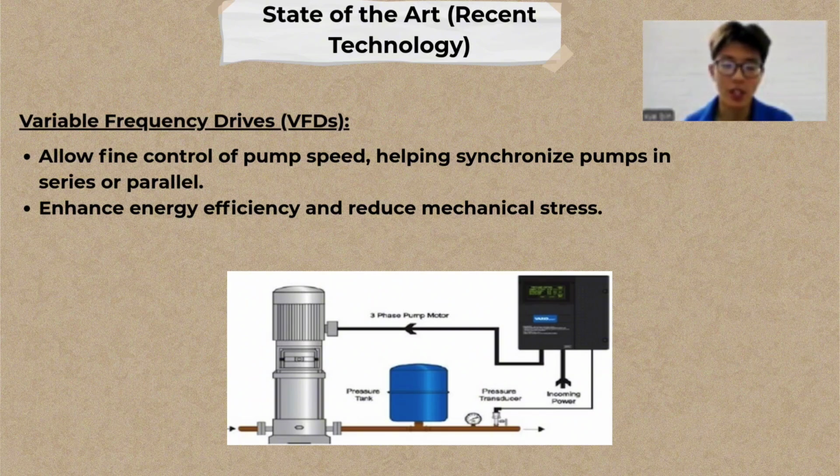The working principle is that it adjusts the frequency to adjust the motor RPM. So the second point is that it enhances energy efficiency and reduces mechanical stress. Okay, that's all. Thank you.